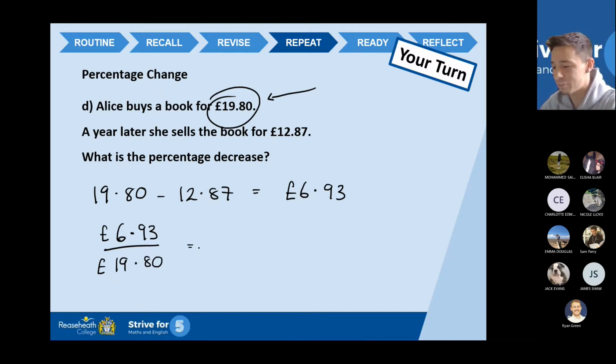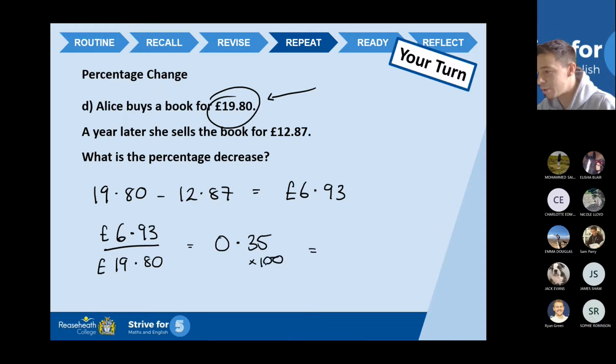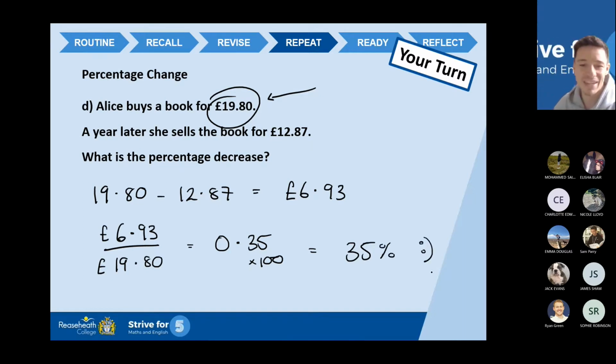So 6.93 divided by 19.80 gives me 0.35. But the encouraging thing here is it's quite a nice decimal, which means we're probably along the right lines. Times it by 100 to convert it into a percentage, and we get 35%. So the book lost 35% of its value over a year.